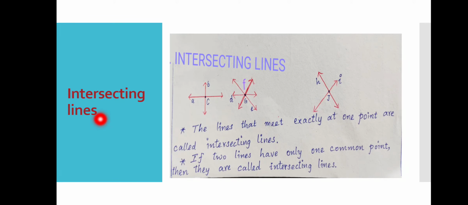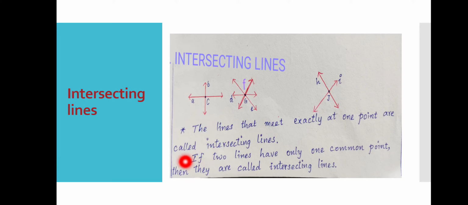Intersecting lines. What are intersecting lines? The lines that meet exactly at one point are called intersecting lines. So two or more lines, if they meet at a single point, then those lines are called intersecting lines.